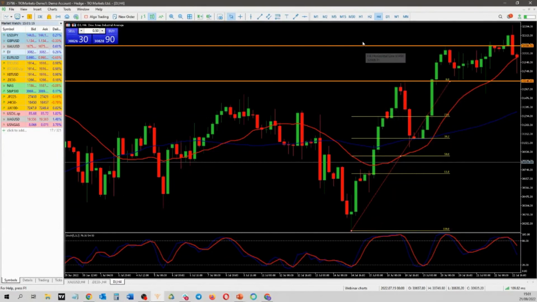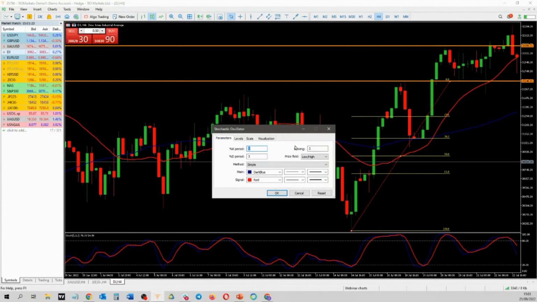Our settings for the oscillator down here, that's stochastics 5, 3, and 3. Ernest is asking about this. So percentage K is 5, percentage D is 3, and there is the smoothing setting, or like MetaTrader calls it, a slowing setting, it's 3.